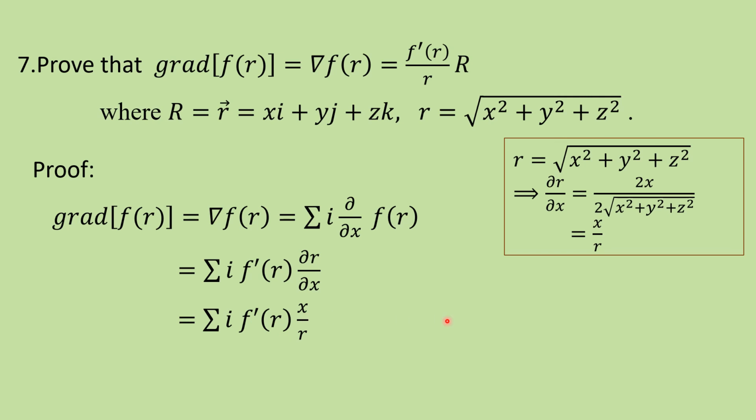The component of k is f dash of r by r into z. So f dash of r by r is common throughout, so you can take it as a common factor. So f dash of r by r into summation xi is nothing but xi plus yj plus zk, which is nothing but vector r. So we got the required result: the gradient of f of r is f dash of r by r into vector r.